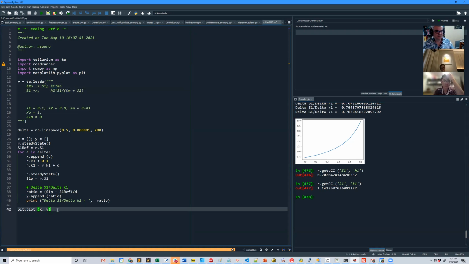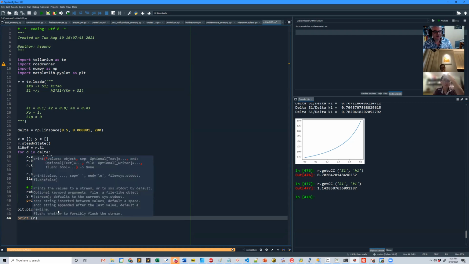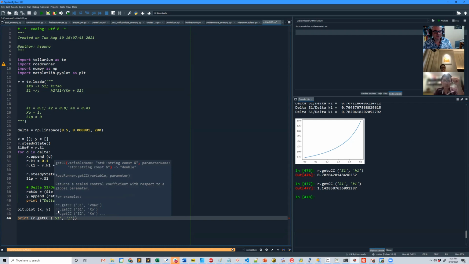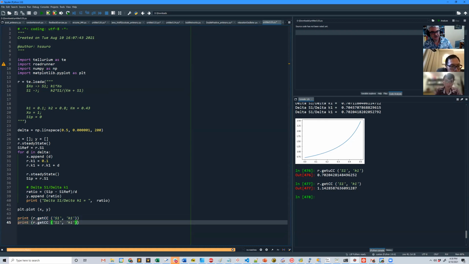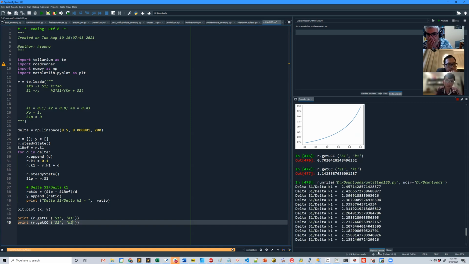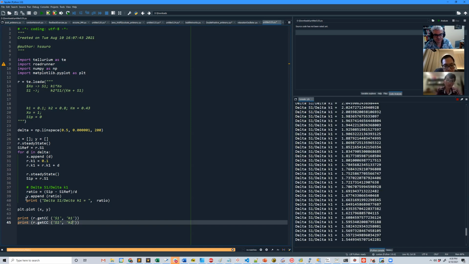So I could print here, print getCC S1 K1, and then the other one would be K2. That's what would normally be computed.